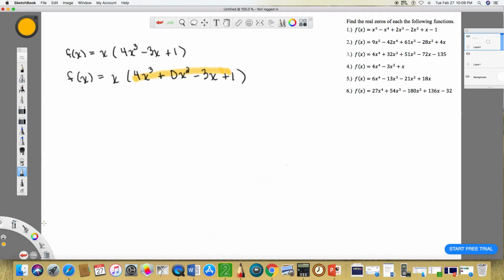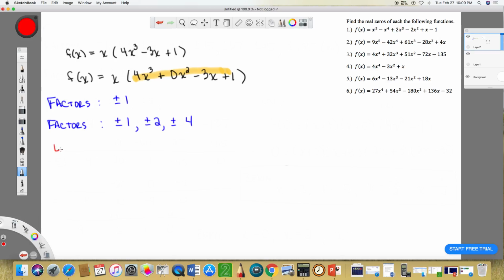All right, so the factors of our constant term is just plus or minus 1, and the factors of our leading coefficient are plus or minus 1, plus or minus 2, plus or minus 4.